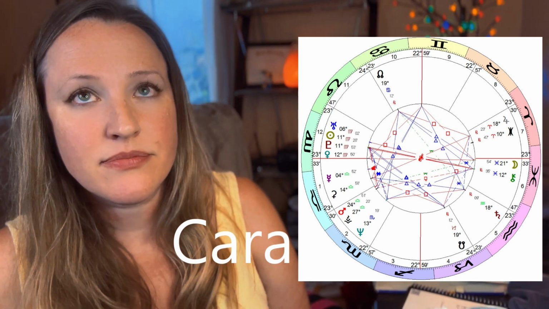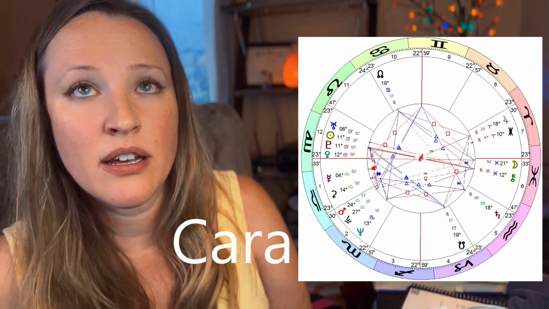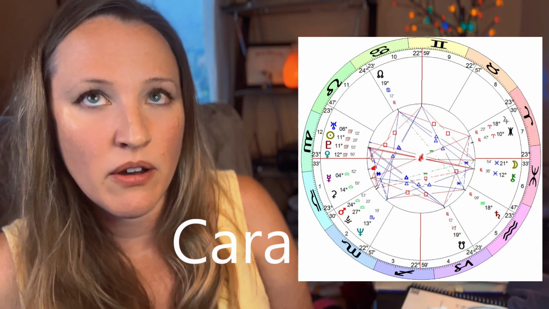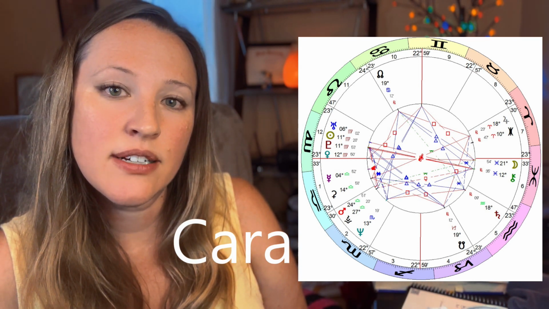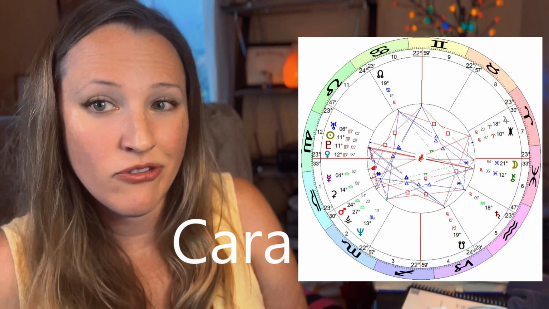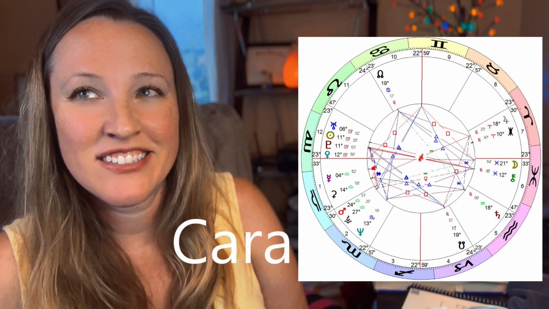But Cara has a stellium in Virgo, meaning she has Sun, Uranus, Pluto, and Venus all in the 12th house in Virgo, which is mutable. She was born just after a full moon. The moon is in Pisces.